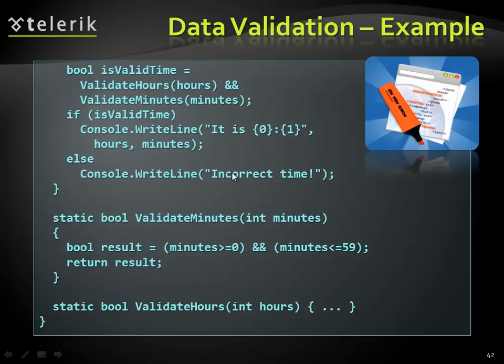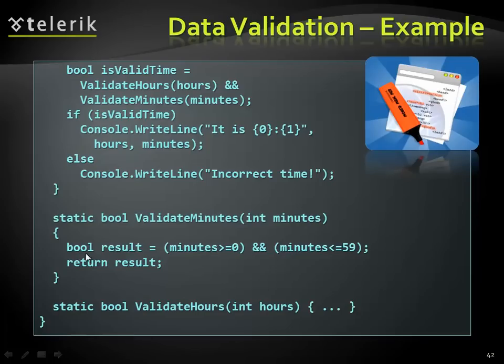Here we have 2 methods, ValidateMinutes and ValidateHours. They are two different names. They both get an integer and return a Boolean. So in the case that we have minutes, we want to make sure that the minutes are correctly put between 0 and 59.